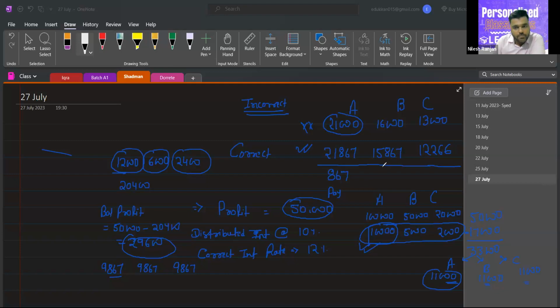So we have to receive some money from B, that is 133. And for C, we have to take 734 received.